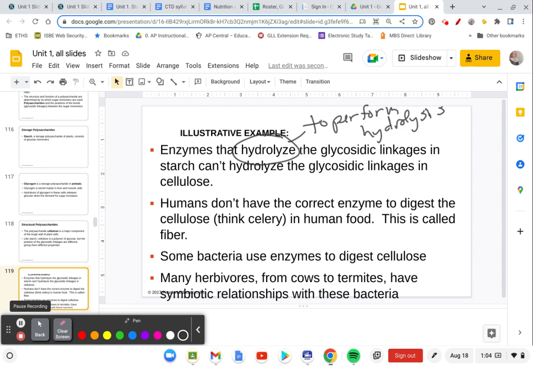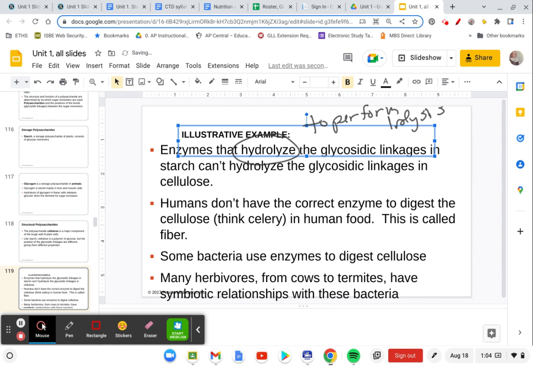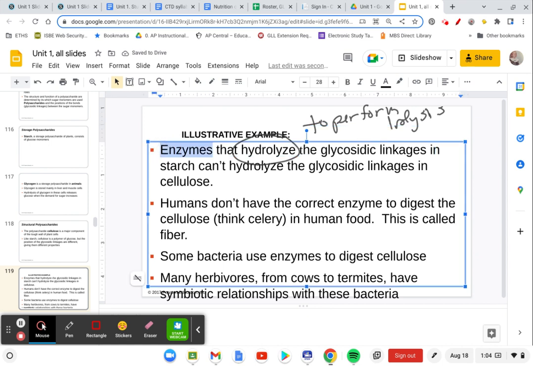So starch has a certain structure, cellulose has a certain structure, and enzymes, you may remember from your freshman biology, also have a particular structure, and each structure only works on a certain subset of molecules. So the enzymes that work on starch don't work on cellulose.